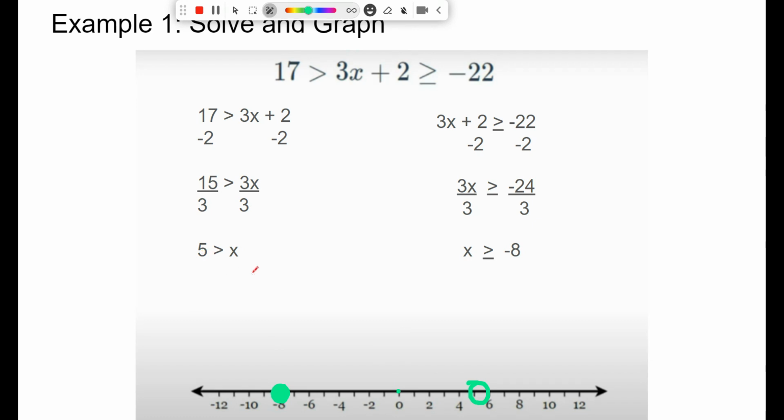Is 0 less than 5? Yes, it is. I'm not going to do that for all of them. Is 0 greater than -8? Yes, it is. So I feel even more confident after checking that this is my shaded area, and that is how I graph this compound inequality.